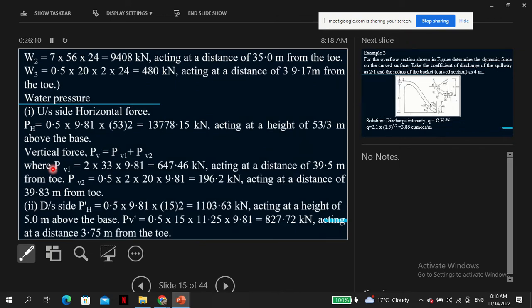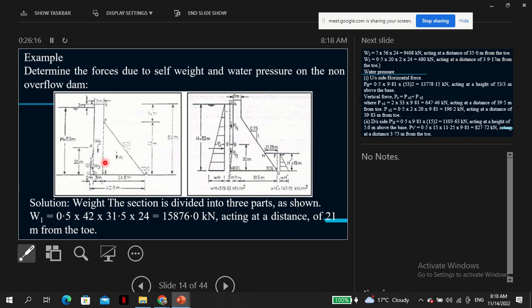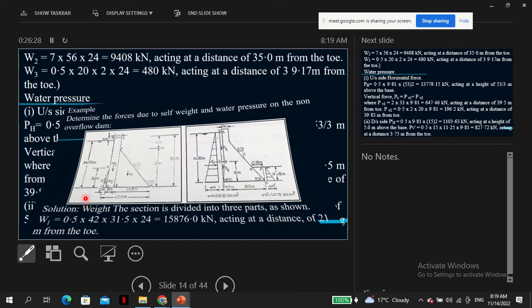So it's nothing unique. The vertical forces PV1 and PV2 are, I think, pretty well demonstrated there. It is just the area of those sections, whose dimensions you do have.